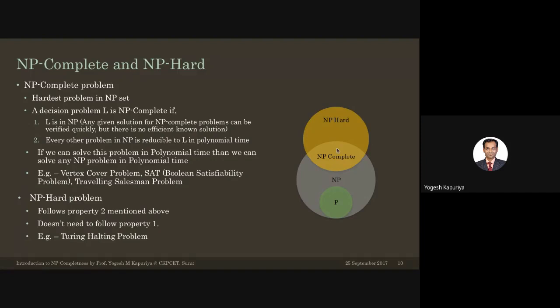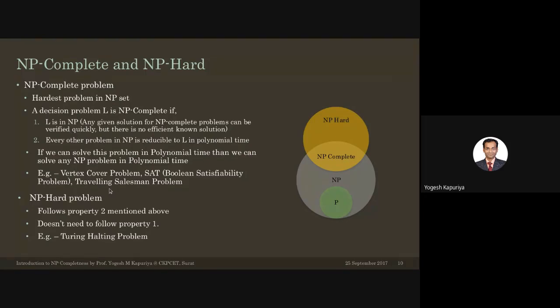In short, NP complete problems have two properties. First, it is an NP problem. That means it's not a P problem, it's an NP problem. And second, all other problems in the NP category are reducible to this problem L. So in that case, your L is an NP complete problem.